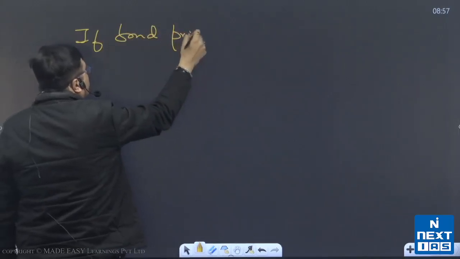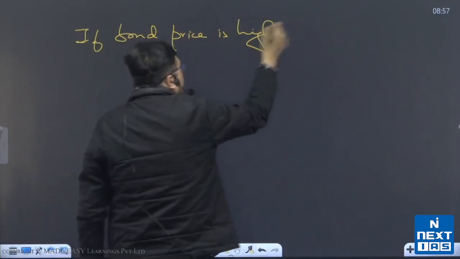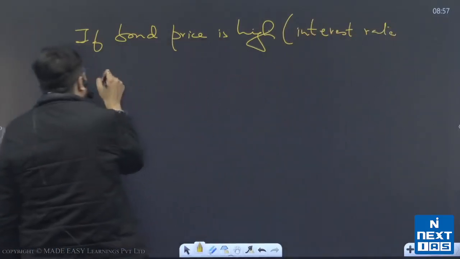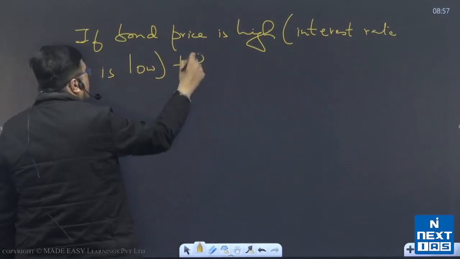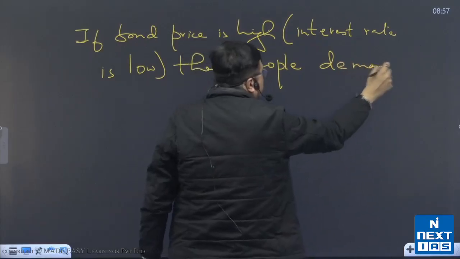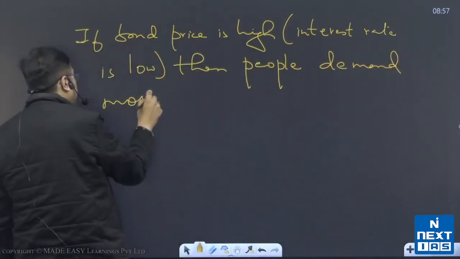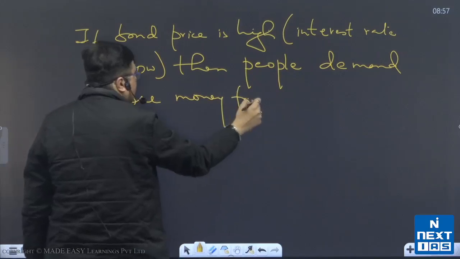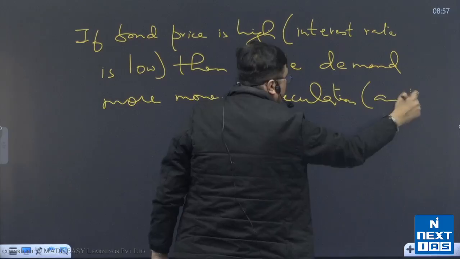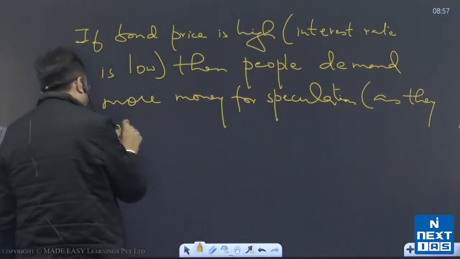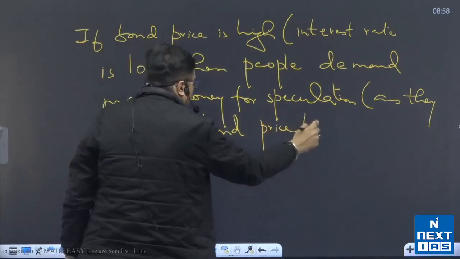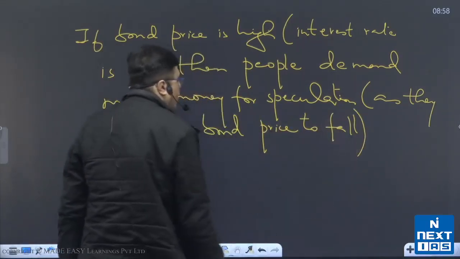If bond price is high, that means interest rate is low, then people demand more money for speculation as they wait for bond price to fall.